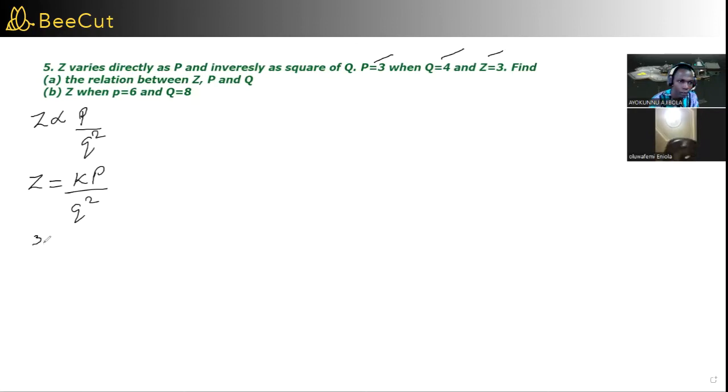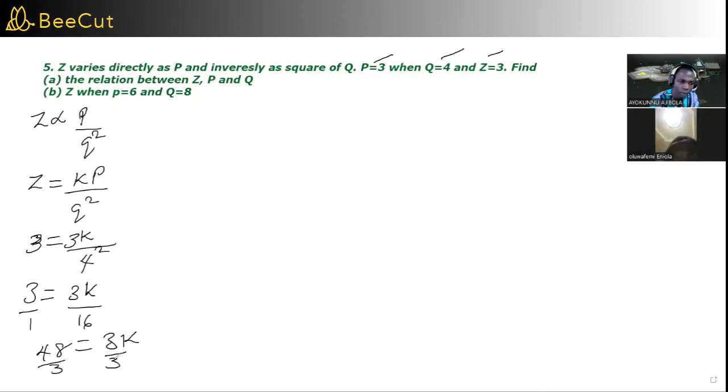So I have 3 equal to 3 times constant K all over Q squared, and our Q is 4, that's 4 squared. So I now have 3 equals 3k over 16. Then I can cross multiply. I have 3 times 16, that is 48, equals 3k. Then I divide both sides by 3.